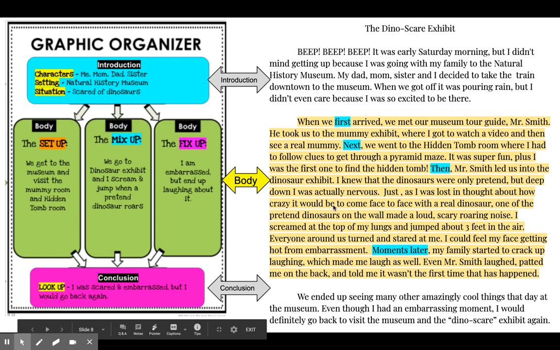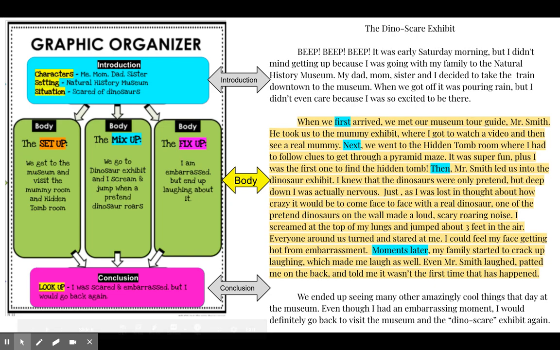So going back to look at our Dino Scare exhibit example, remember this is our graphic organizer. They changed it into sentences, which made paragraphs. But look, I highlighted some of these transition words that were used. For example, when we first arrived, and then they go on to talk about what happened first. Next, we went to the hidden tomb room. Okay, so I know that this was how it began.